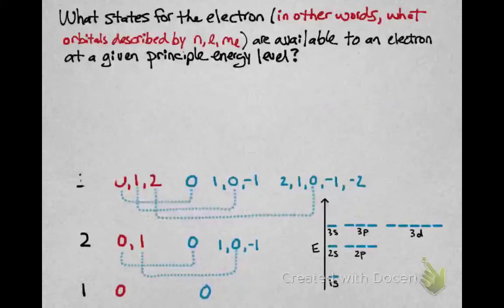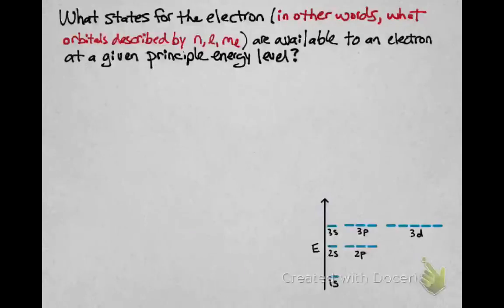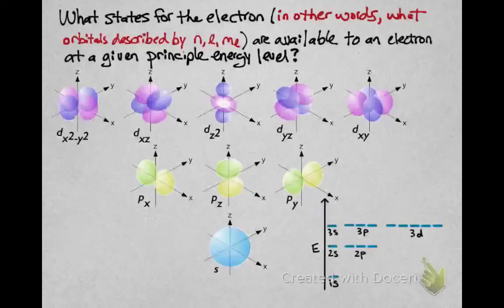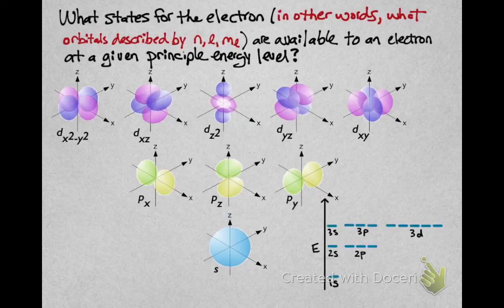So now let's look at the shapes of the d orbitals along with the p and the s and their orientations. We'll also look at the symbols that chemists use to indicate orbitals of different orientations on the x, y, and z coordinate system. So starting with the s orbital, remember that s orbitals are always spherical regardless of the energy level, and so that only has one orientation on the x, y, z axis.